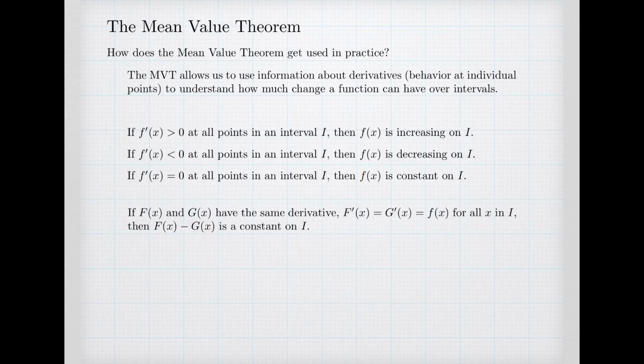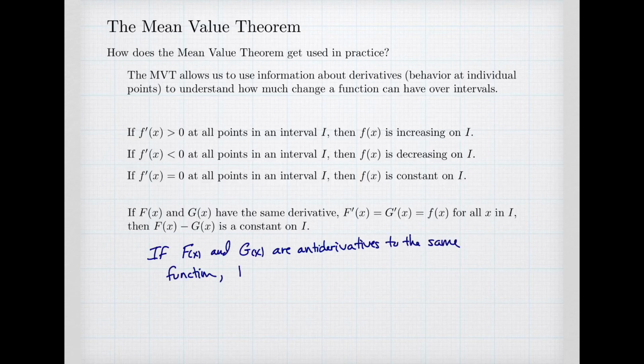And so that gives me this idea that antiderivatives can only differ by a constant. So if I have two functions that are antiderivatives of the same function, then f of x must be g of x plus a constant c for some constant c.